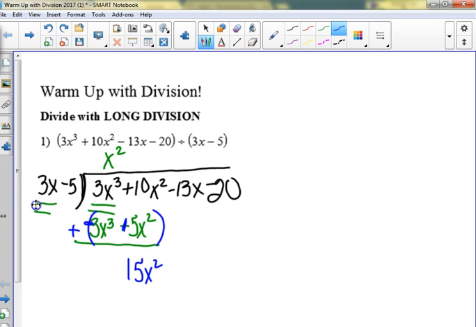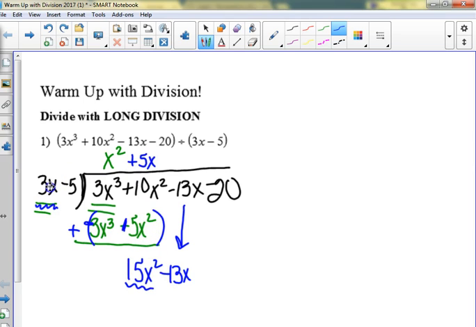Now, this is, again, the easier part. We don't have to guess. We know exactly. Okay, let's bring down first. My bad. But we know exactly what we want. We want 3x to become exactly 15x squared. So a positive 5x would make it exactly 15x squared.